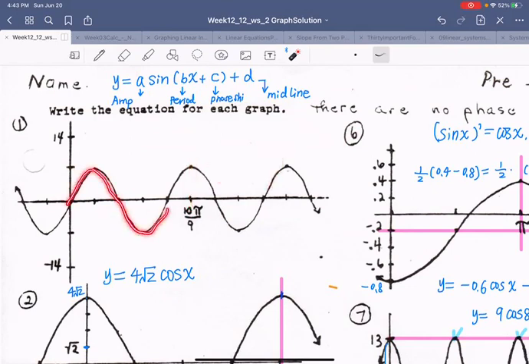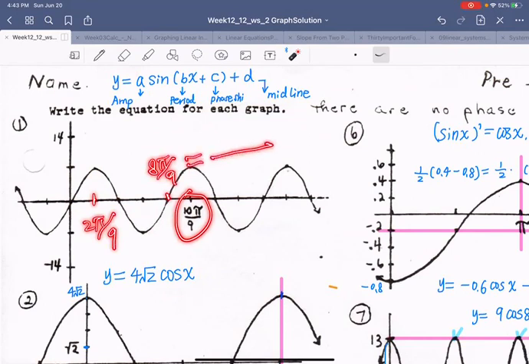You have here, this is your T. So we divide by 5 times 4. Divided by 5, this is 2 pi over 9. Times 4, this is 8 pi over 9. That equals T, 2 pi over B, okay?